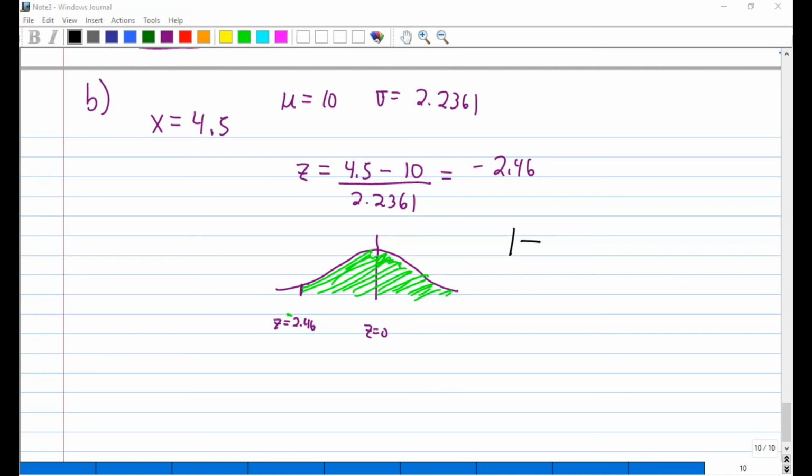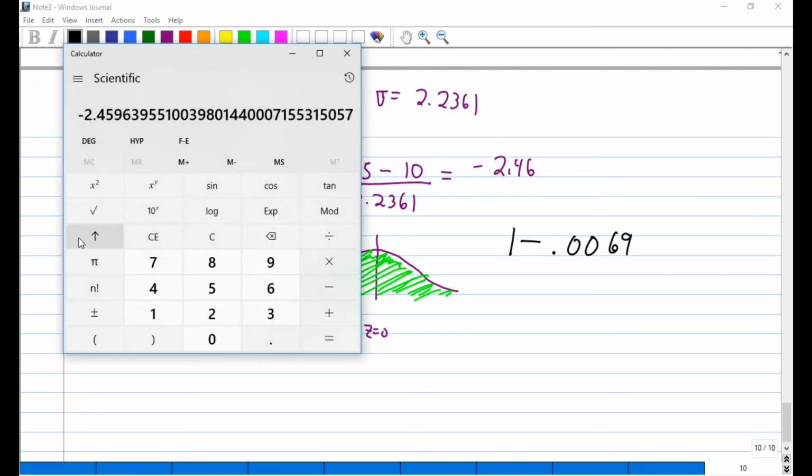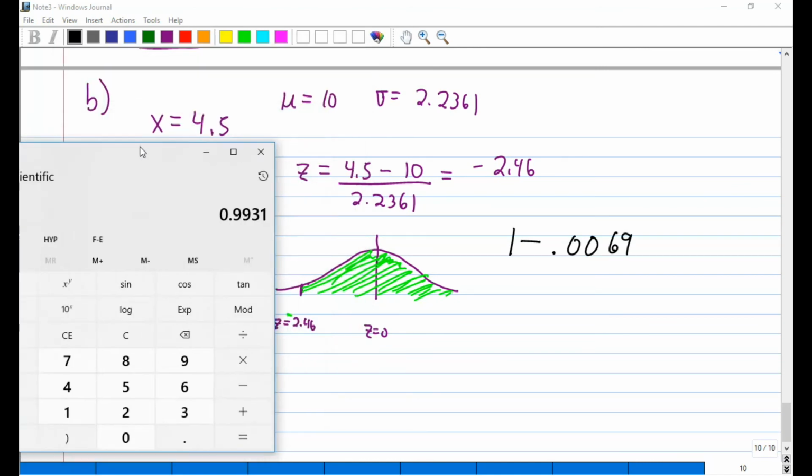All right. In your table, if you go to negative 2.46, you'll see a value of 0.0069. All right. So that's a super small area to the left right there. But if we say 1 minus 0.0069, that will give us the area to the right.